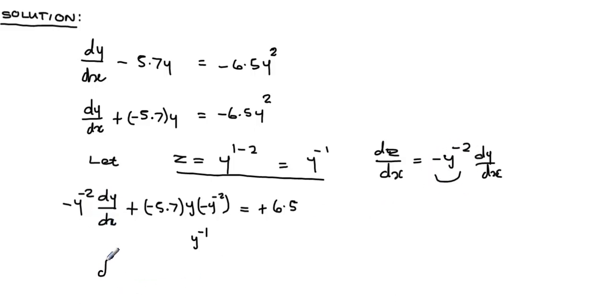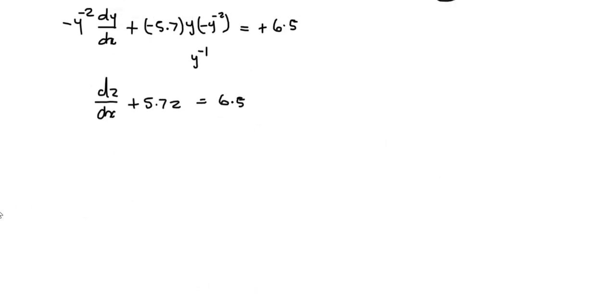So we can rewrite the equation as dz dx plus 5.7 z, because this is y to the power minus 1, which is z, equals to 6.5. At this point, you can see we've got a first order linear equation.